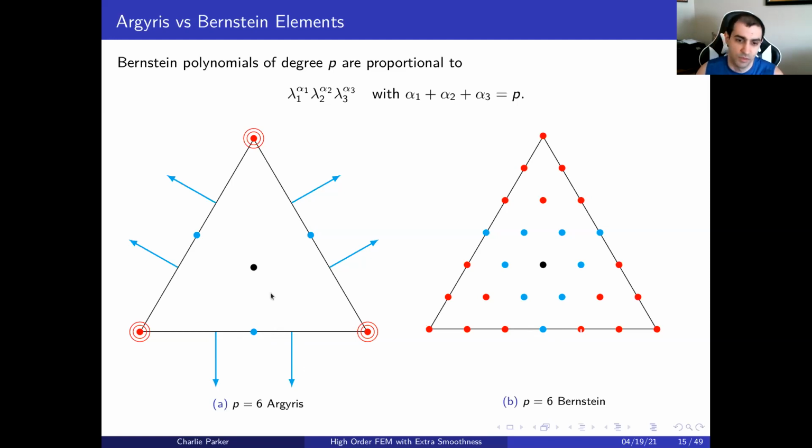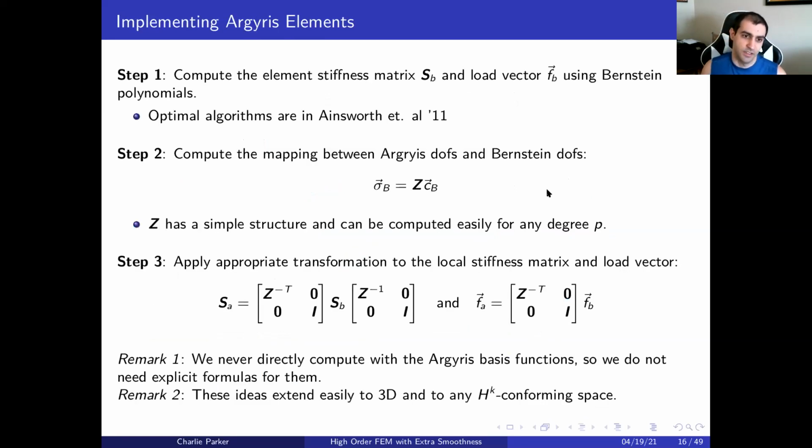Because we have this one-to-one correspondence, one might ask whether you can relate the two in terms of implementation, because the Bernstein polynomials by themselves are only continuous across elements. They are not C1. The answer is yes, and this is exactly how we implement them. We first compute the element stiffness matrix and load vector using Bernstein polynomials, and we can do this optimally using algorithms that my advisor developed.